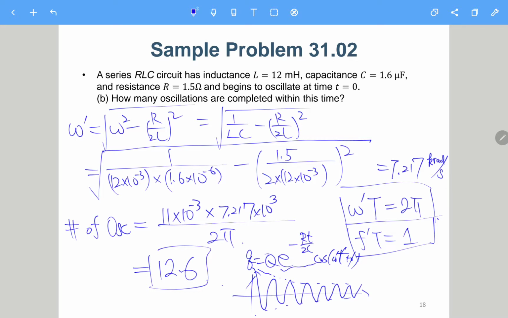If we don't have this exponential term, then it is a sinusoidal wave as usual. But here we multiply it by exponential to negative RT over 2L, which is the envelope. Envelope. In Chinese it's called bao luo. So it's just like a decaying sinusoidal.